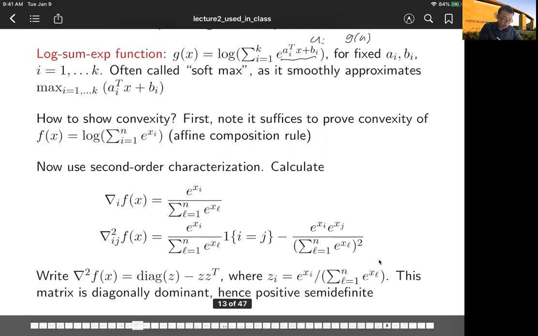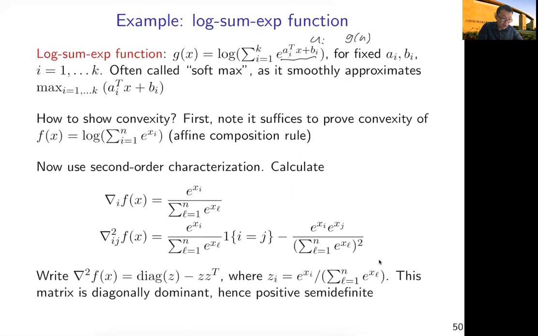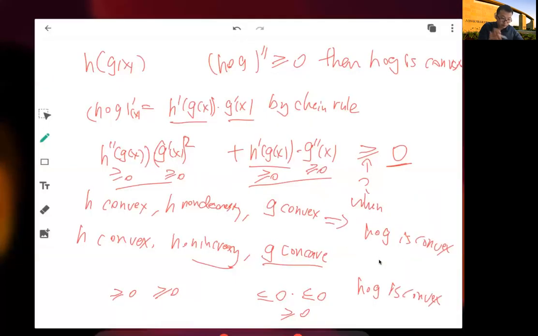I wanted to spend a little bit of time talking about this function further, because we will encounter it in future lectures, and it is in fact a very interesting function. So let's go to the board again.